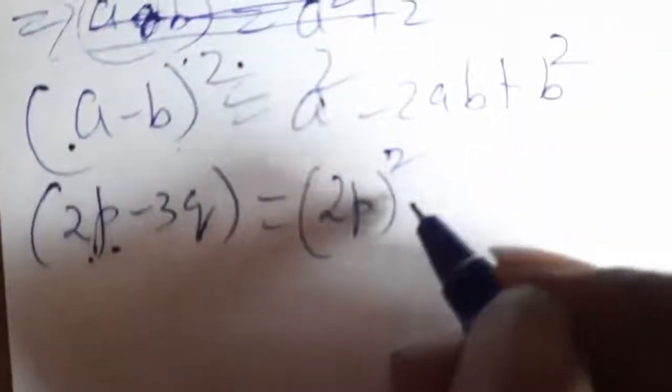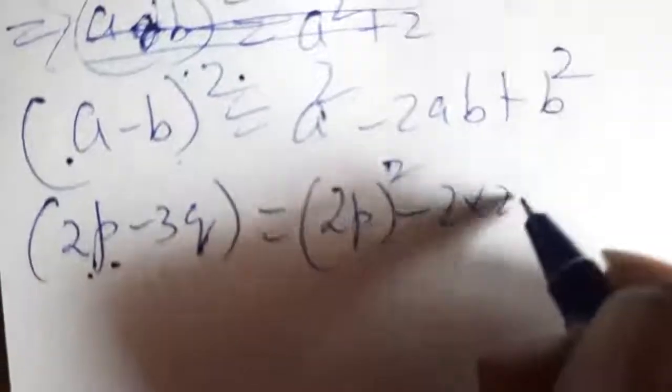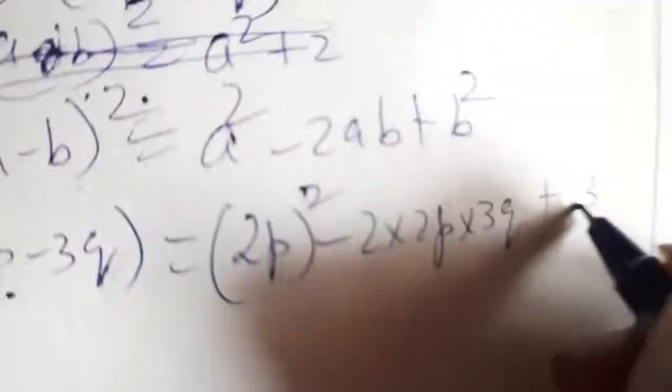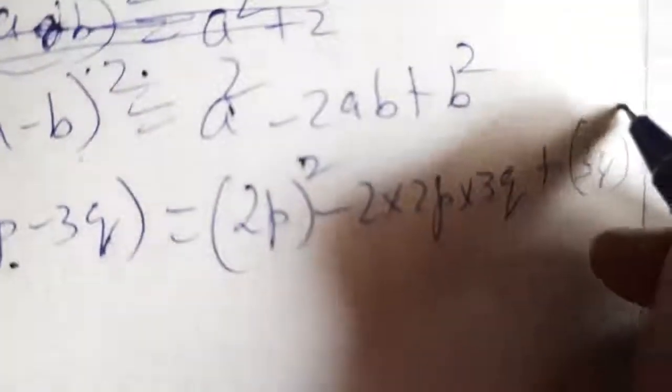So let's solve the sum. (2p minus 3q) squared, this is 2p, this is a, this is b. So (2p) square minus 2 into 2p into 3q plus (3q) the whole square.